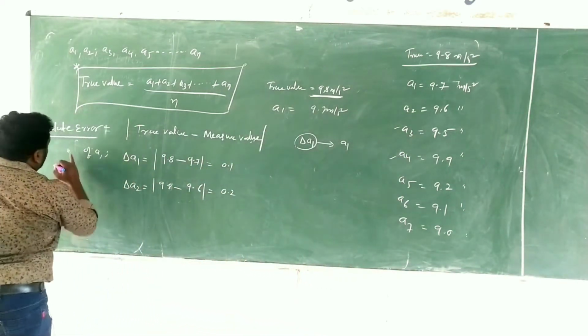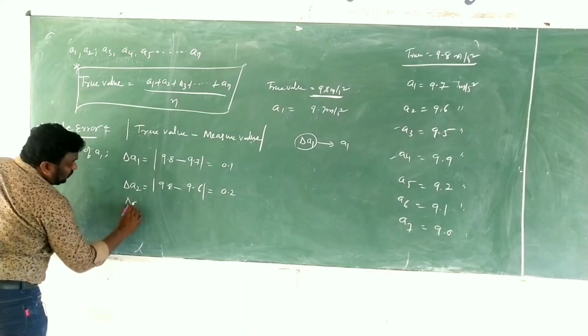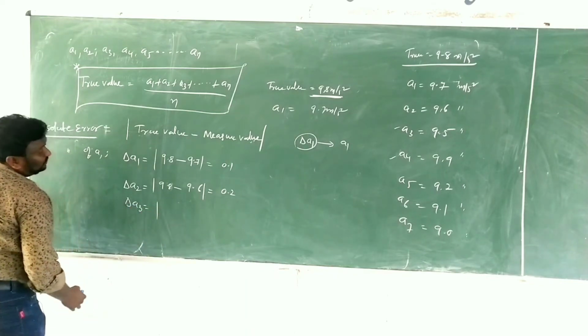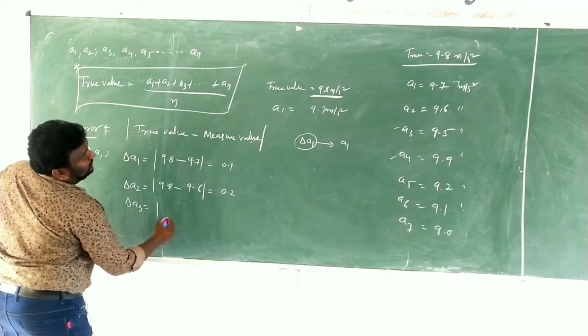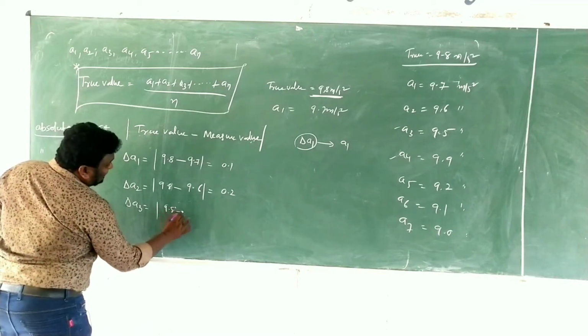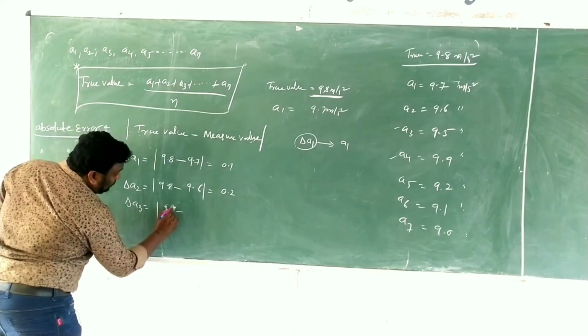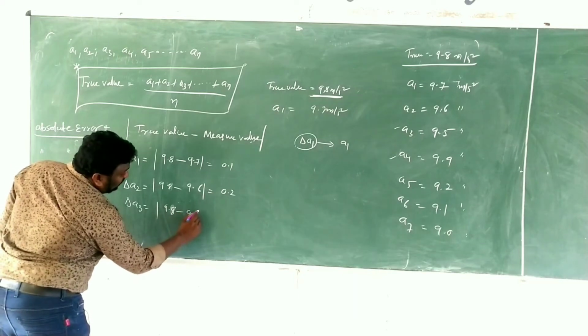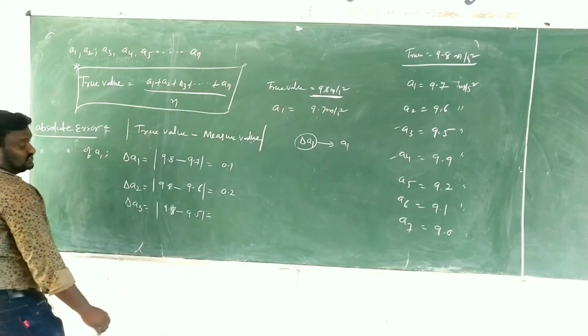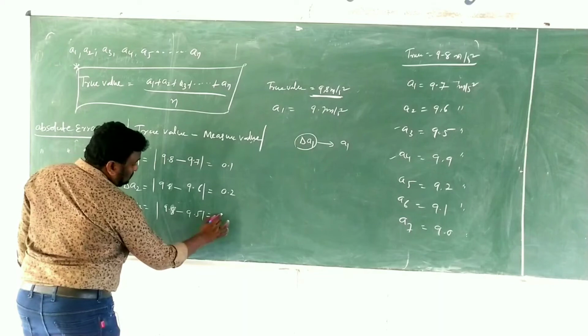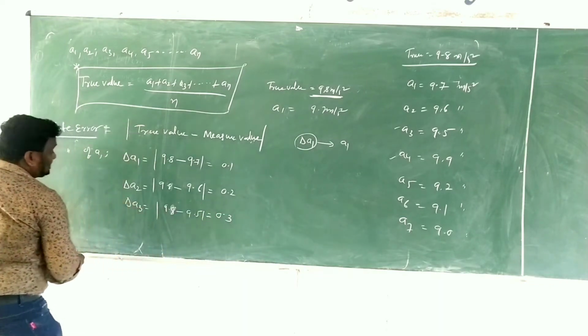Similarly, I am taking A3 and A4 also, same thing. Absolute error of A3, delta A3, is equal to 9.8 minus 9.5. So what do you get? 0.3.